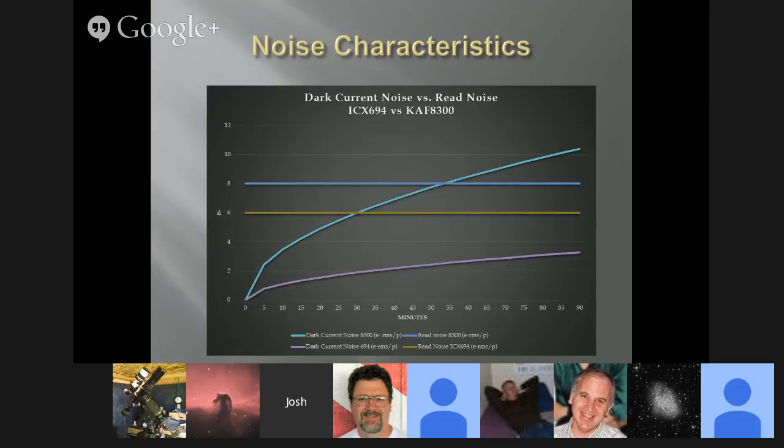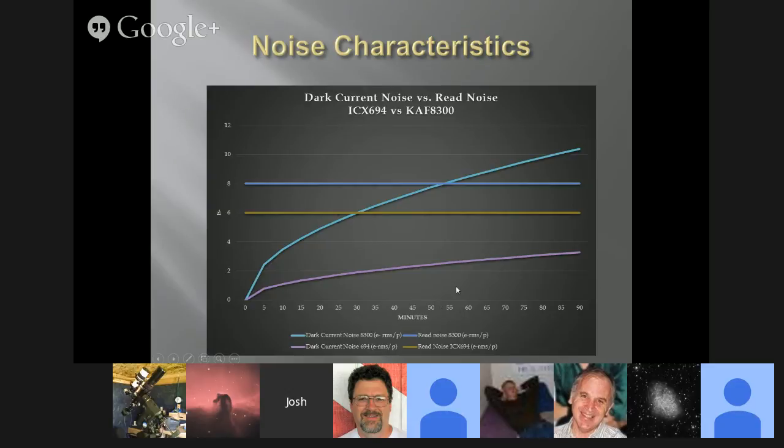So moving on into actually understanding how these guys interact, the dark current noise and the read noise in a camera, this graph shows two of the cameras, the ICX 694 and the KAF 8300, and it also shows really powerfully why the read noise is a bear, why it's so much more difficult to deal with than the actual dark current.